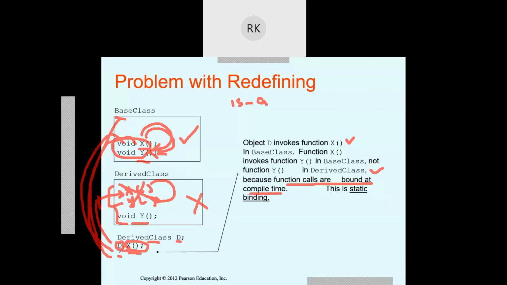For the child class object we expect the modification, that is why we redefine. But when we call, we will not get the modification; it will call only the parent class y, not the child class y, because the reason is static binding. Static binding means that the compiler decides, or binds, at compile time.